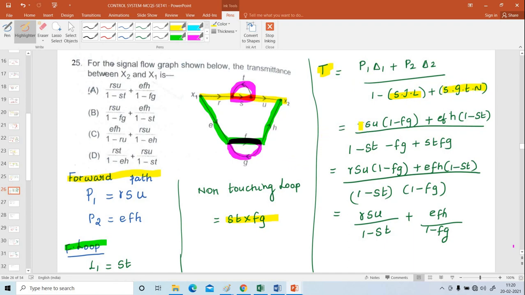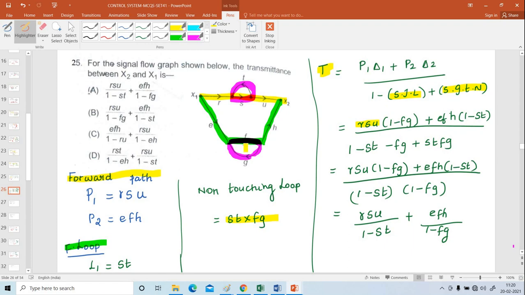So first I am going to write P1. P1 is RSU into 1 minus the loop that is not touching the kth forward path. Delta 1 formula is the same as delta, but only the loops not touching the kth forward path are taken into account.